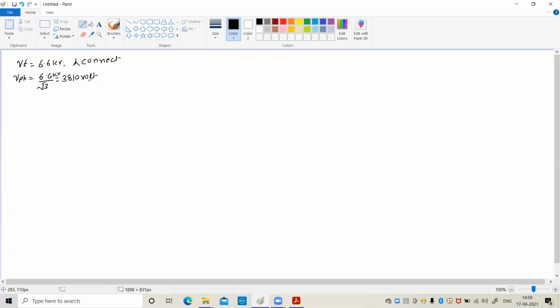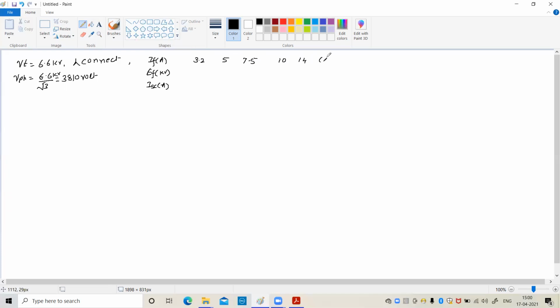So 3,810 volt is there, and the data is given for the field current, open circuit voltage and short circuit current. The field current is in ampere. The open circuit voltage is phase to phase in kV, and the short circuit current is in ampere. The field currents are 2.5 ampere, 5 ampere, 7.5 ampere, 10 and 14 ampere.